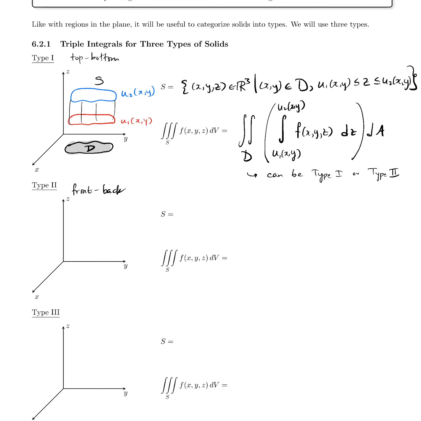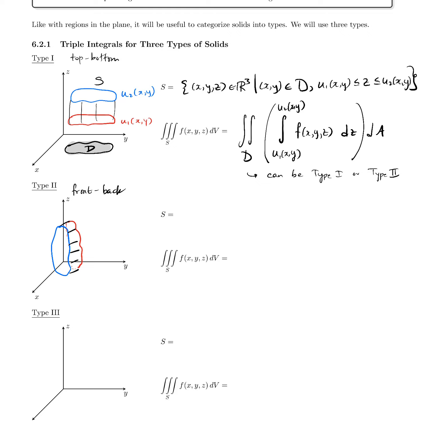So that means that we're going to imagine that we have a solid or a surface here in front, another surface behind it, and that the solid is captured, bounded between these.